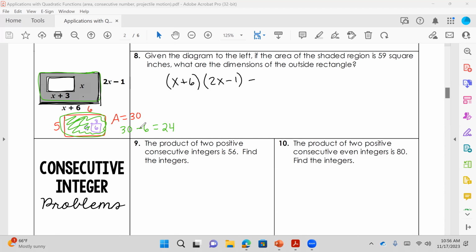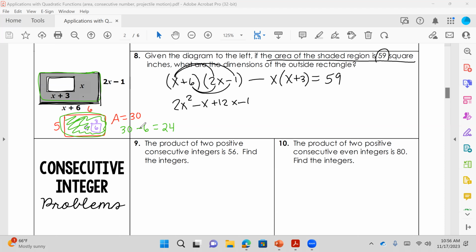So the area of the smaller rectangle is x times x plus 3. And if we look at the problem, it says the area of the shaded region is 59. Now we just solve. This would be 2x squared minus x plus 12x minus 6 minus x squared minus 3x equals 59.